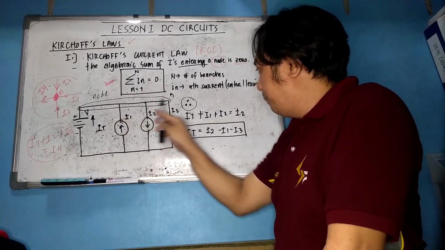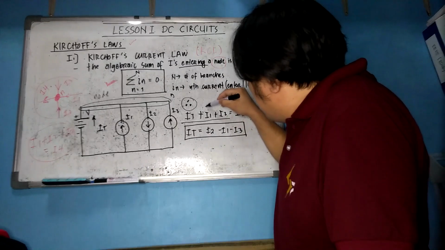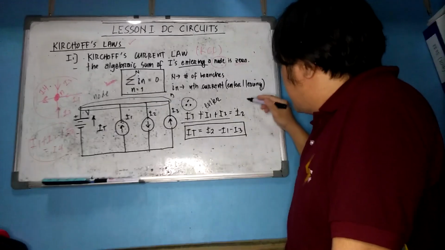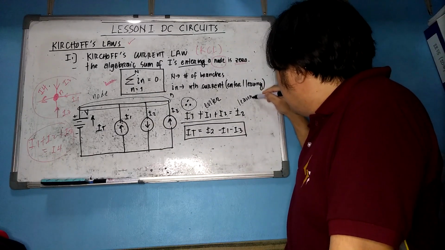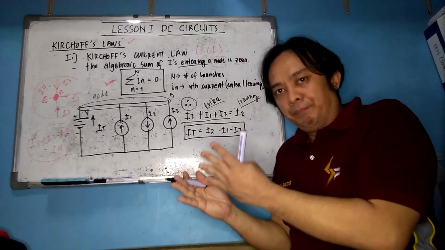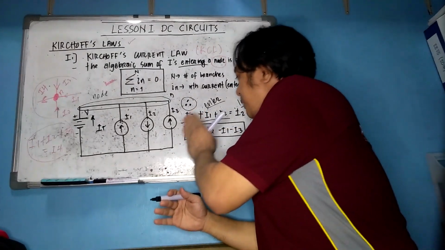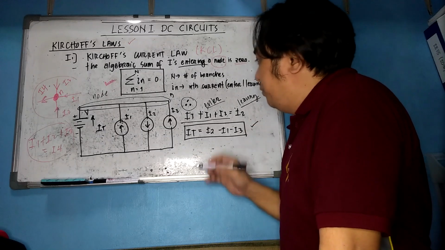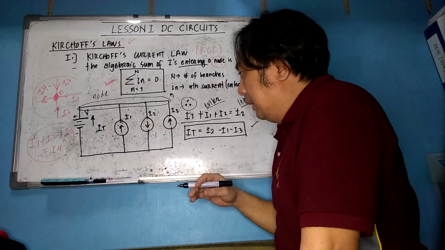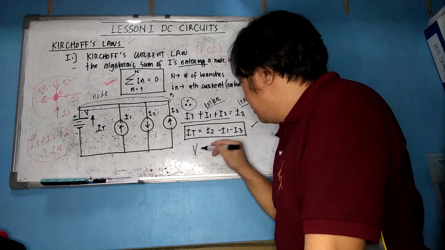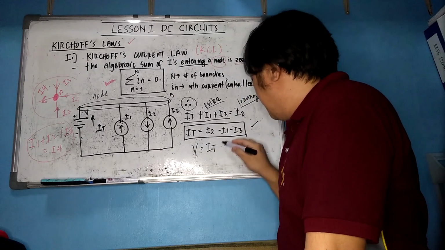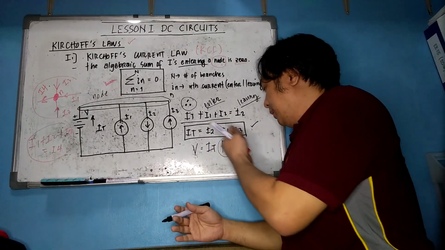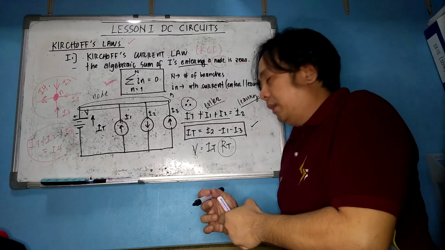So IT plus I1 plus I3 is simply equal to the current that is leaving the node, which is I2. If we compute for the total current, that is simply IT equals I2 minus I1 minus I3. And if you want to get, for example, the total voltage, that will be equal to IT times whatever the total resistance is. We will discuss total resistance in terms of parallel or series on the next few slides.